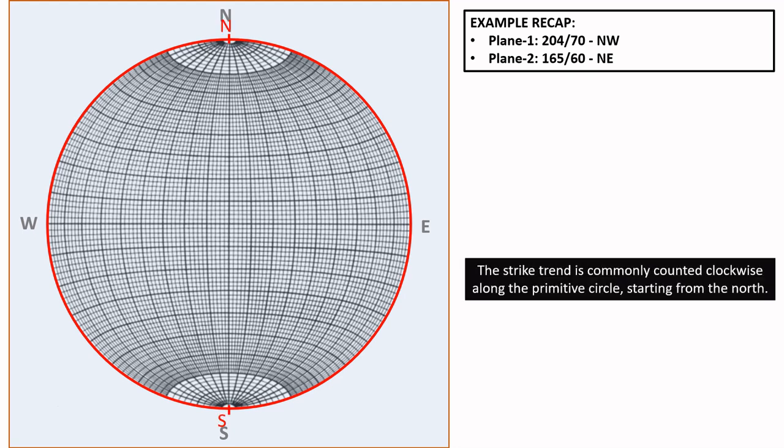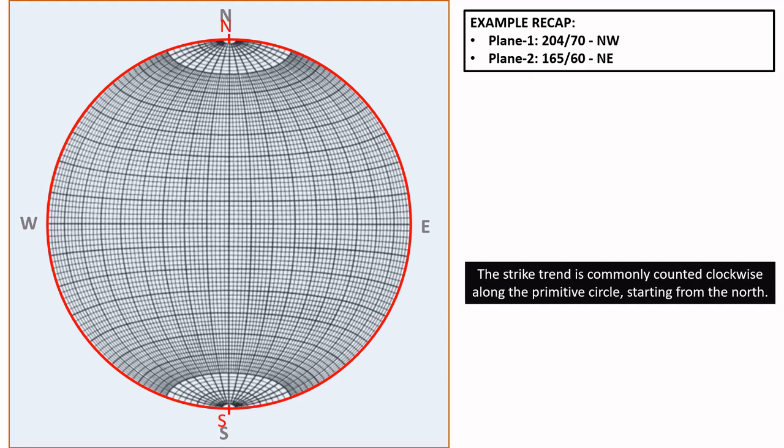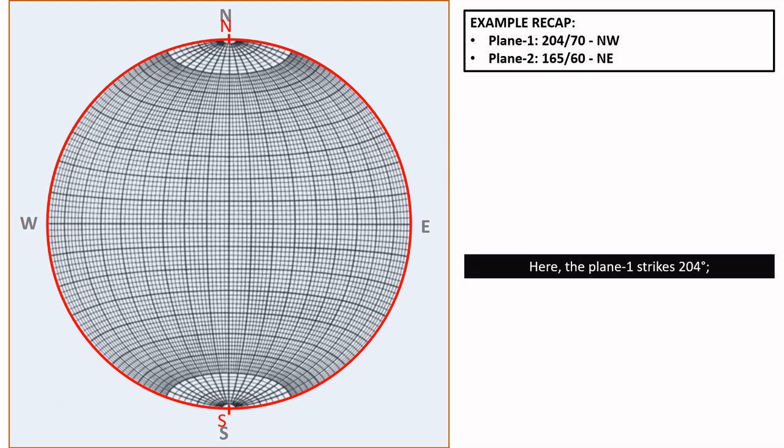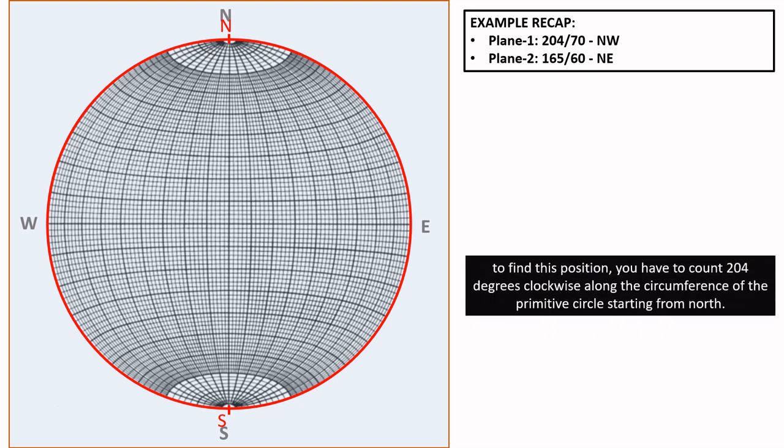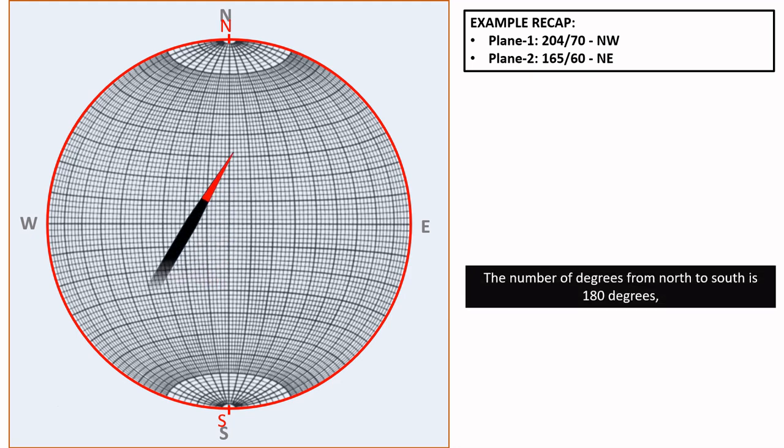The strike trend is generally counted clockwise from the north. Here, plane 1 strikes 204 degrees. To find this position, you have to count 204 degrees clockwise along the circumference of the primitive circle, starting from the north. The number of degrees from north to south is 180 degrees.